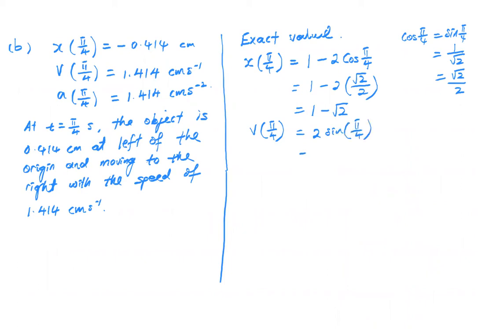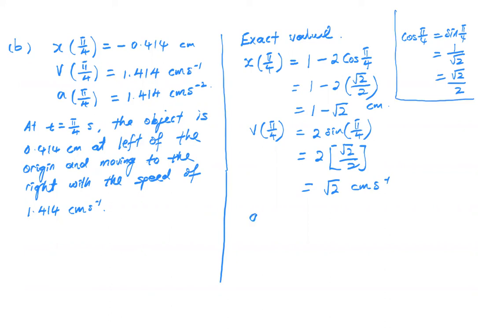So this is root 2 over 2, so the exact value will be root 2 cm per second. So it's a must to know the exact value. If not, then you will be in trouble. Do you get me? So it just needs your effort to write this one down in your notes.